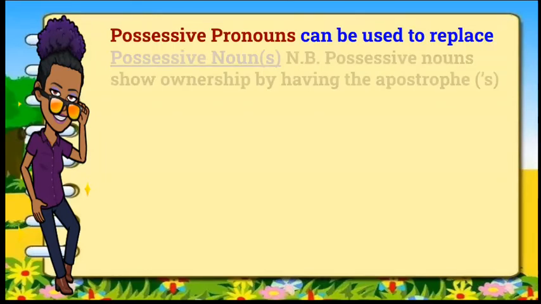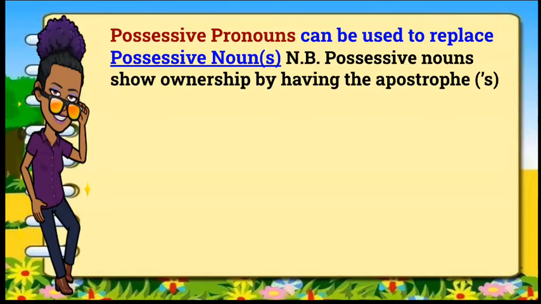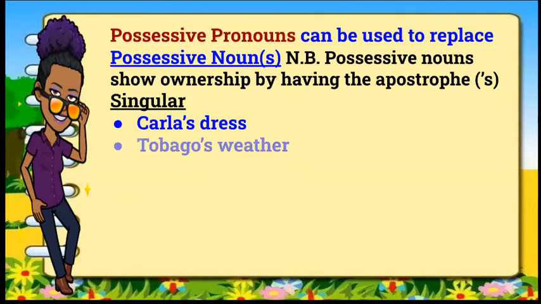Possessive pronouns can be used to replace possessive nouns. Note, possessive nouns show ownership by having the apostrophe. Let's get some singular examples. Carla's dress. Tobago's weather.